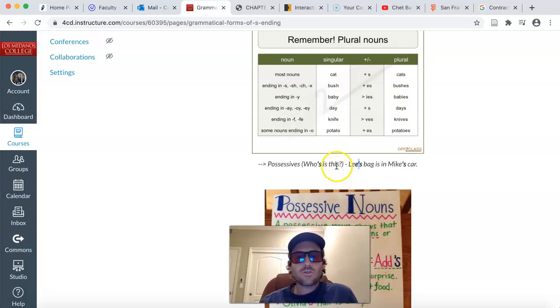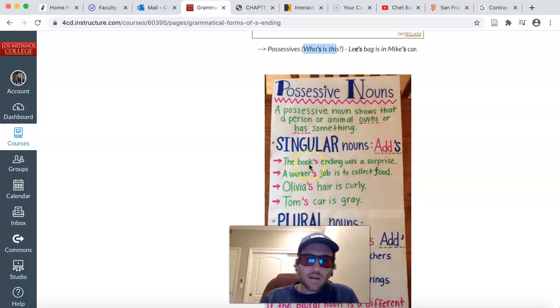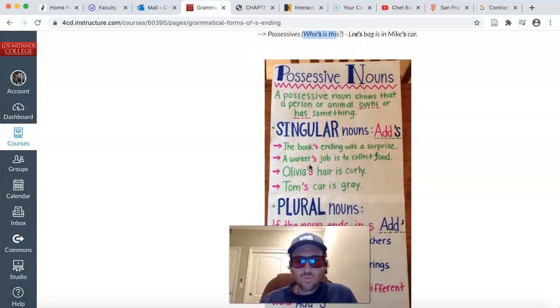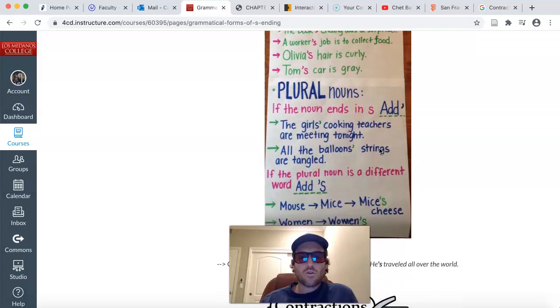So when we want to answer the question, whose is this? When we want to indicate possession, we add apostrophe S. And we don't just do this with people. It's common to do it with people, but we can do it for inanimate objects or common nouns as well. Again, this goes over more grammatical aspects, so we're not going to go over these in great detail.